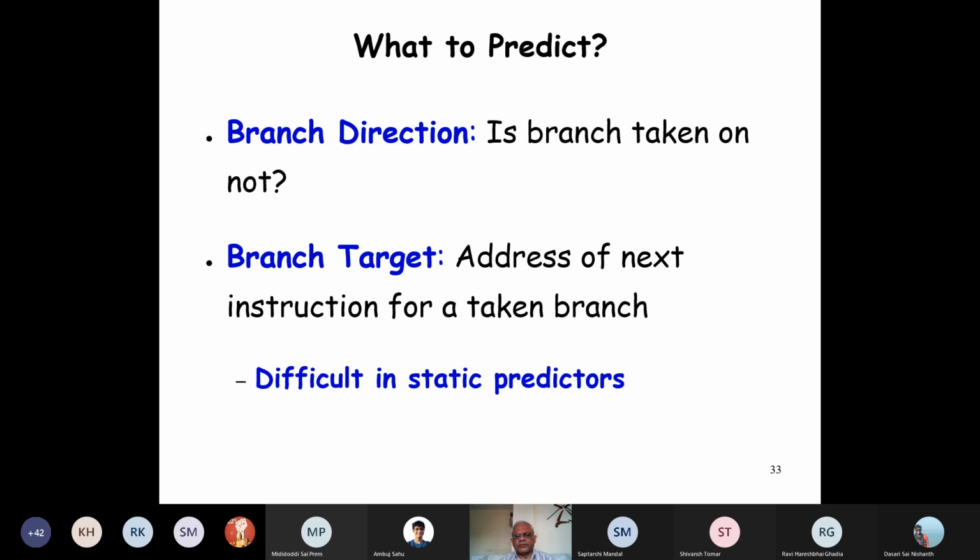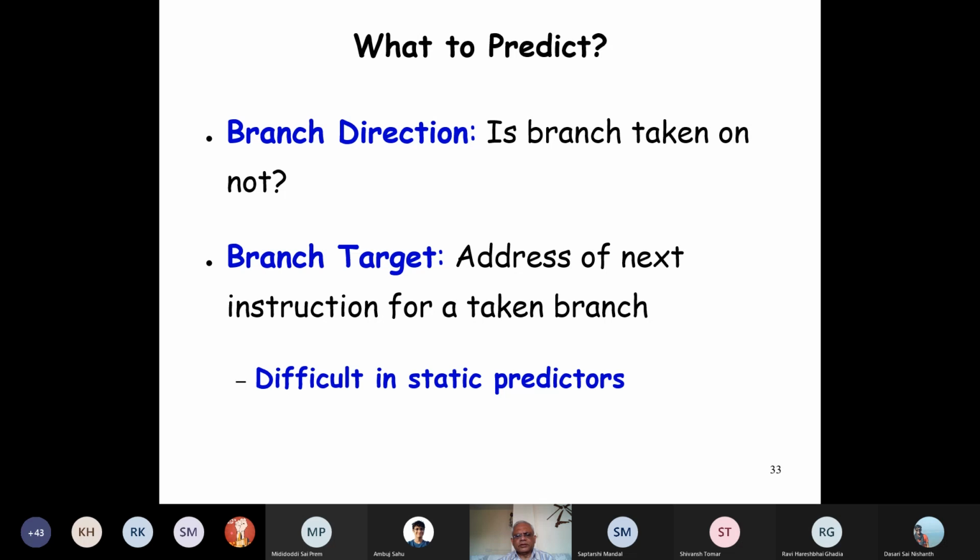Now, let's be clear what we need to predict. Of course, we need to predict the branch direction. If it is an unconditional branch, we know the direction, but for other instructions, conditional branches, we need to predict the branch direction.